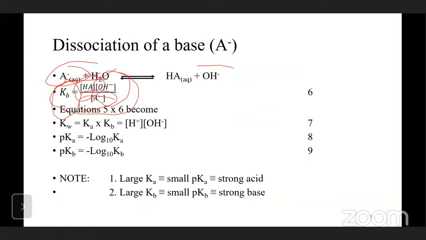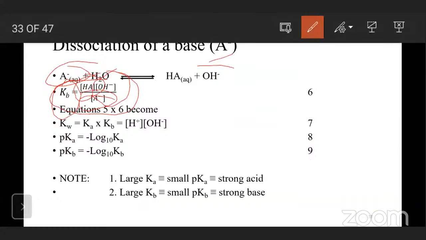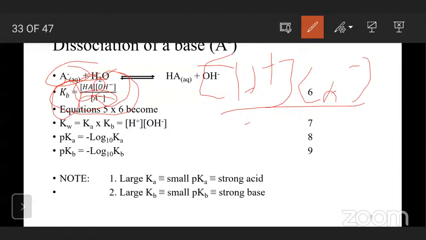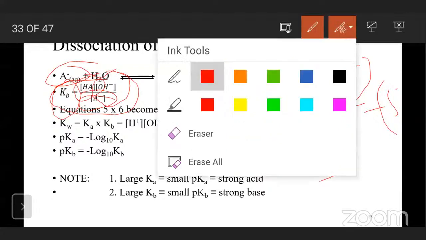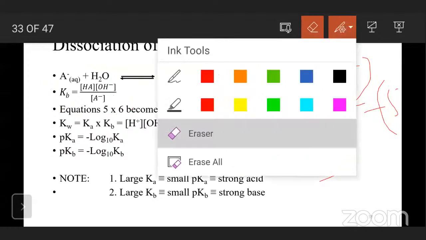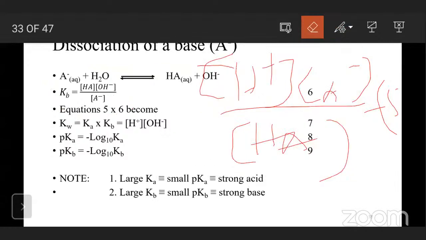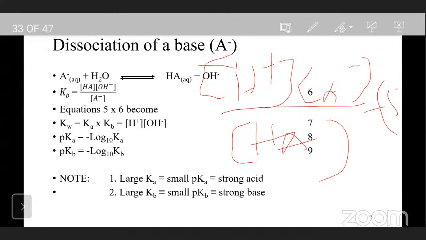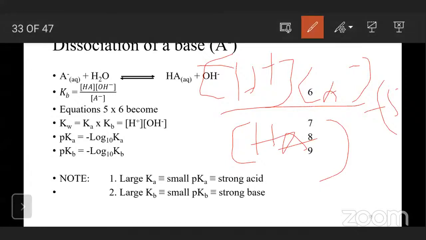We have the concentration of H plus, A minus, divided by the concentration of HA. If you multiply this equation 5 by equation 6, what you will observe is, okay, let's look at it together.